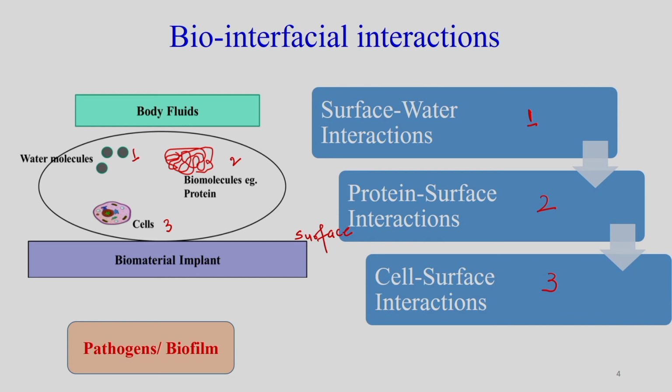Apart from the interaction of proteins and cells, because of various reasons, surgery or some infection, there is biofilm formation, or you can say the attachment of bacteria as well, which of course is undesirable, but we cannot stop it.